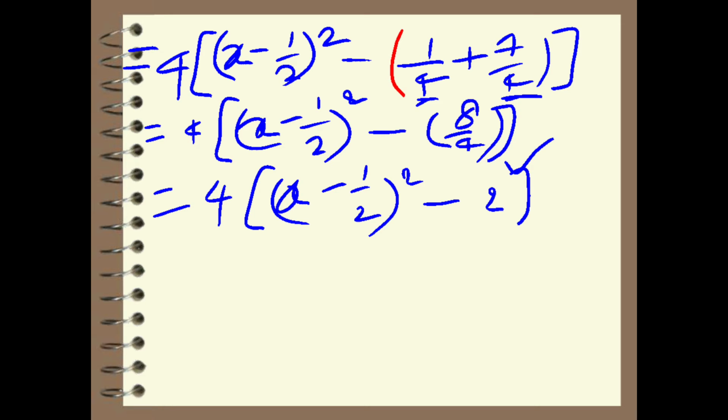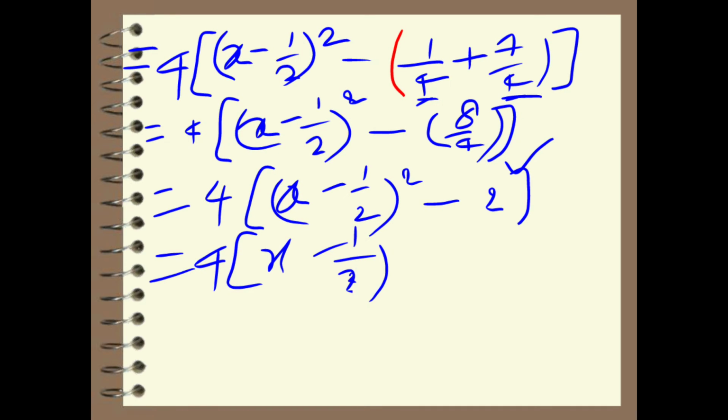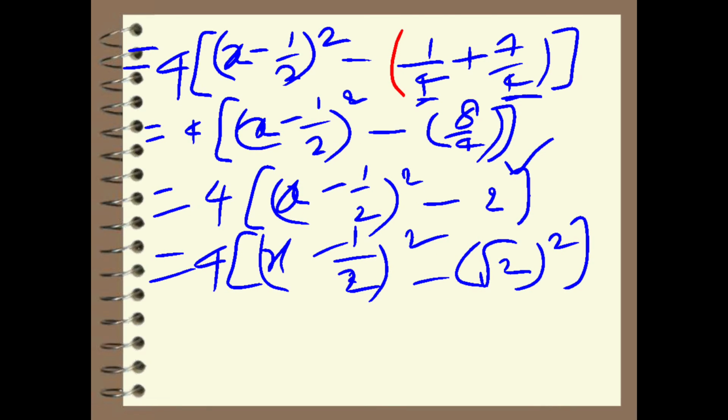Yes, exactly. We have to write 2 as root 2 whole square. So x minus 1 by 2 whole square minus root 2 whole square. So the total expression is converted to the form x square minus a square.